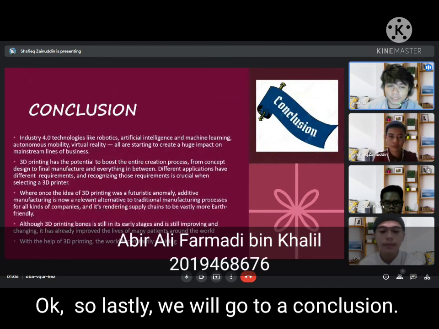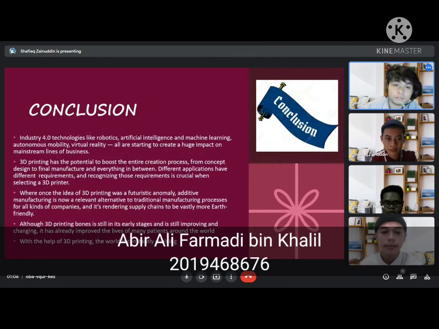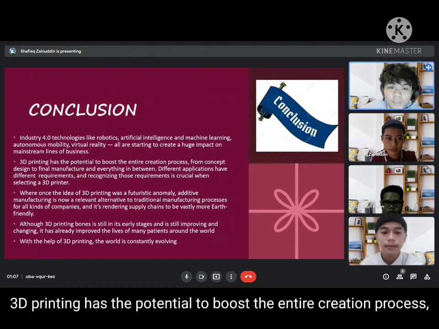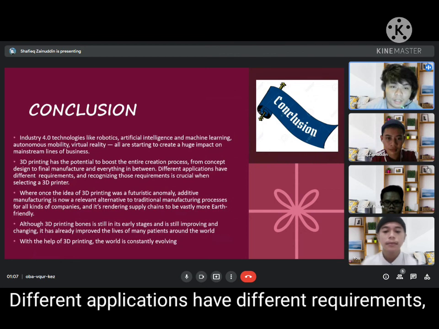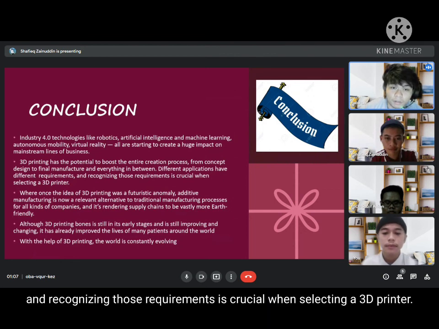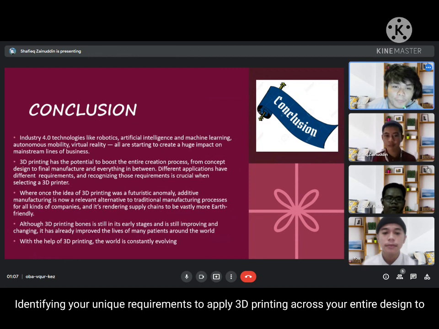Okay, so lastly, we will go to a conclusion. 3D printing has the potential to boost the entire creation process, from concept design to final manufacturing and everything in between. Different applications have different requirements, and recognizing those requirements is crucial when selecting a 3D printer.